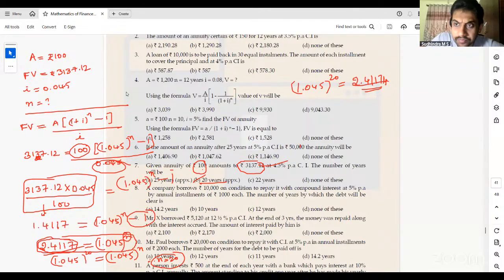Yes, Ganavi, very good. Correct answer. Prapti, correct. Vinyas, correct. Kushal, I think you have to recheck.